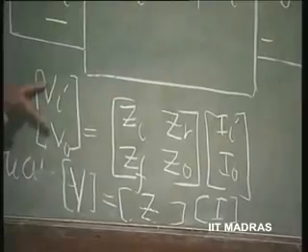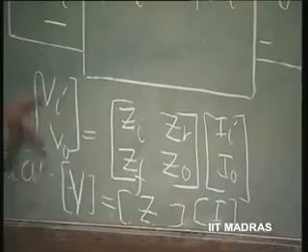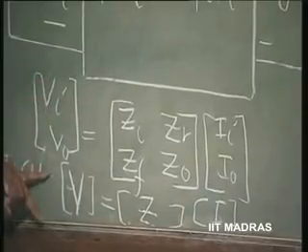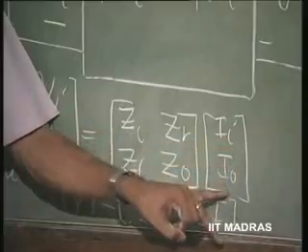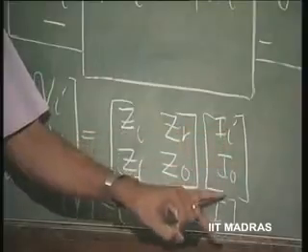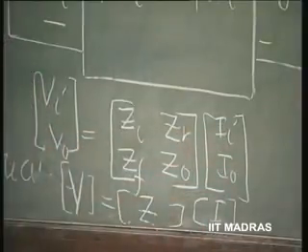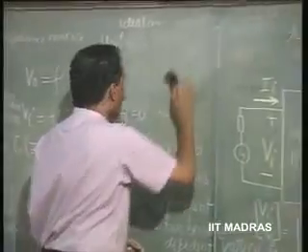When instead of Vi and V0 as dependent variables, I will take Ii and I0 as dependent variables, and instead of Ii and I0 as independent variables, I will take Vi and V0 as independent variables. So we will now go towards the other type of amplifier.